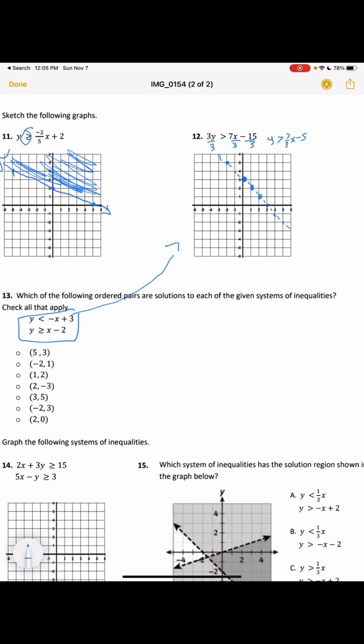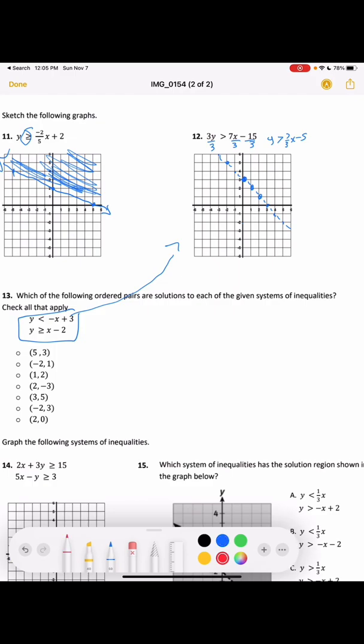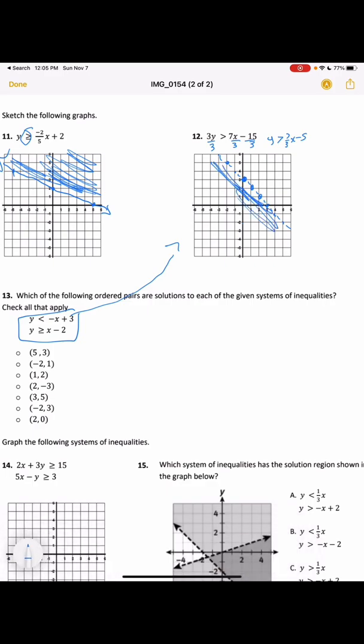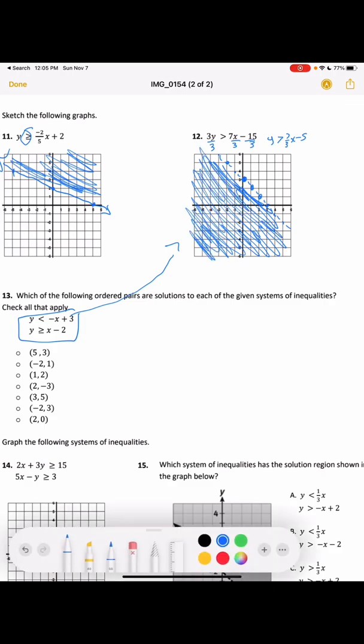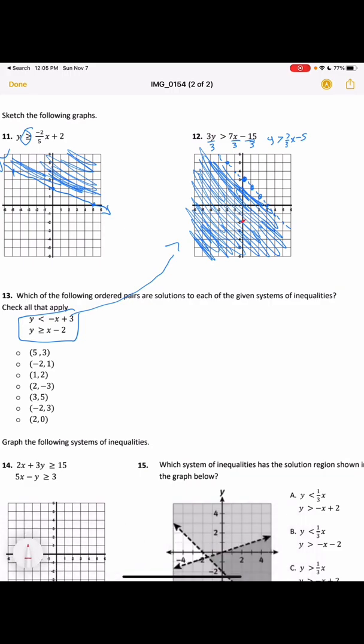And then our second one, I'll do in red. Oops, actually let's shade that top one. This is less than, so we're actually going to shade below this point on the graph. And then our next one, we would start at -2 and go up and over.